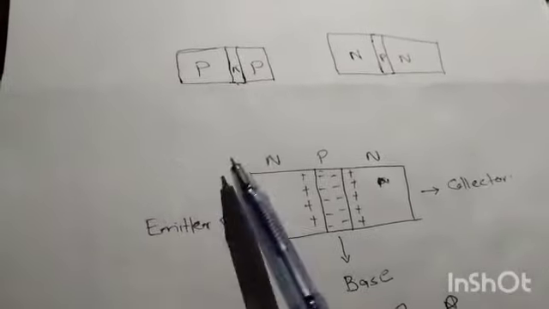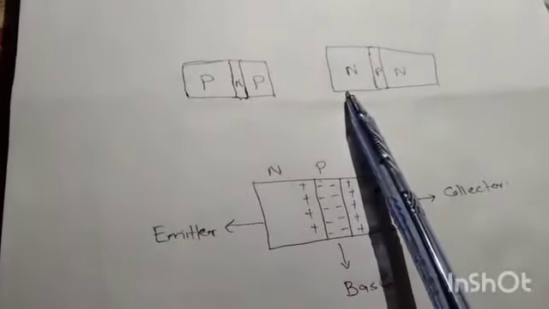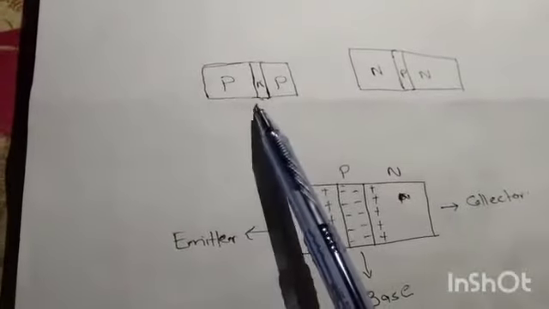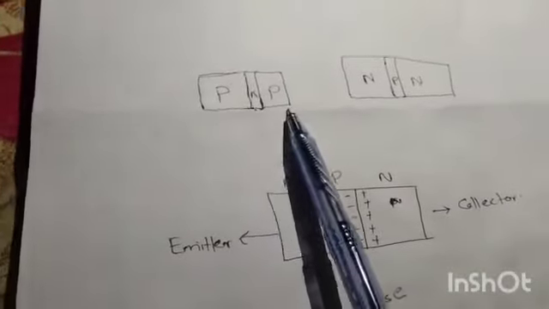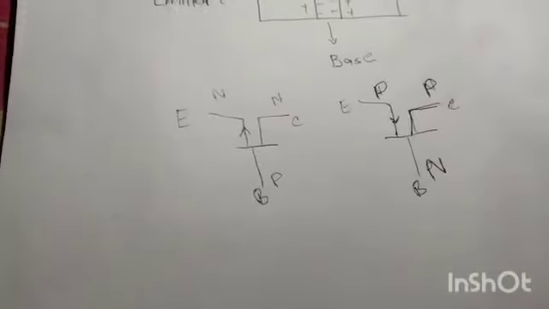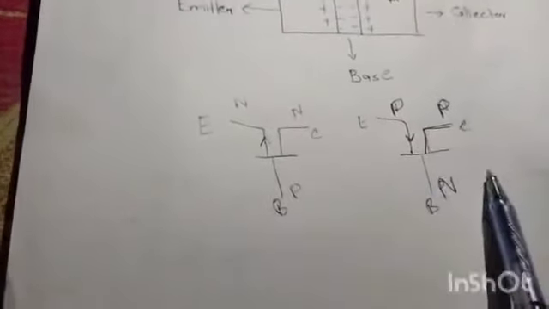You can take the emitter on either the P side or the N side. In an NPN transistor, this one may be the emitter, this one the collector and this one the base. Likewise in PNP, you can take P as the emitter, this P as the collector and this N as the base. Now we discuss the symbols for NPN and PNP transistors.